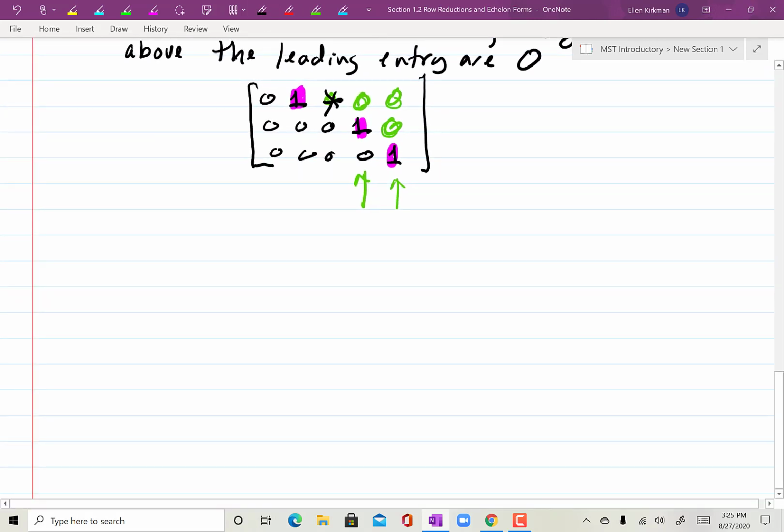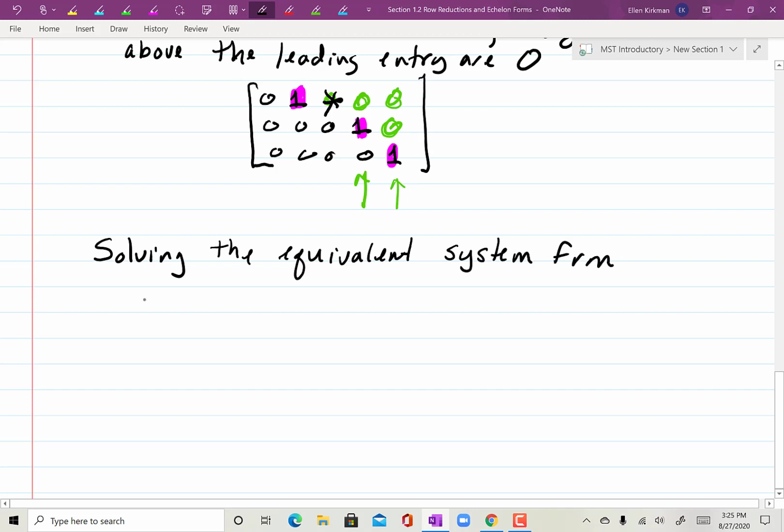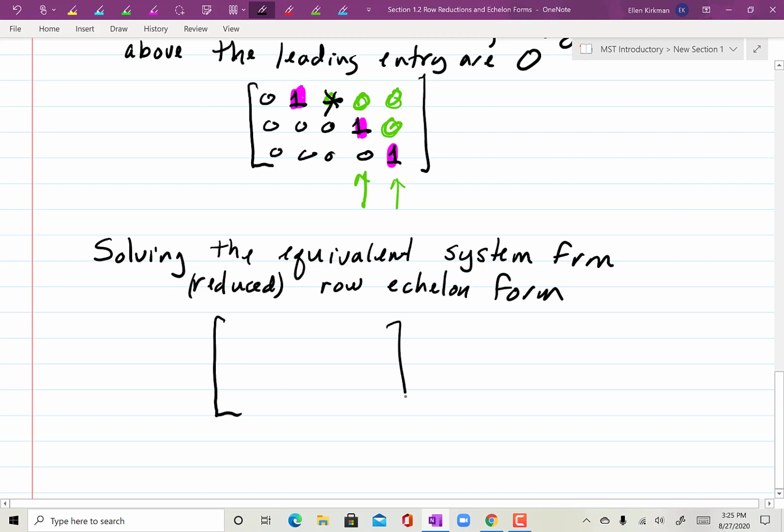And so then, solving the equivalent system from either the reduced or the row echelon form. Okay, let me get some kind of example here.